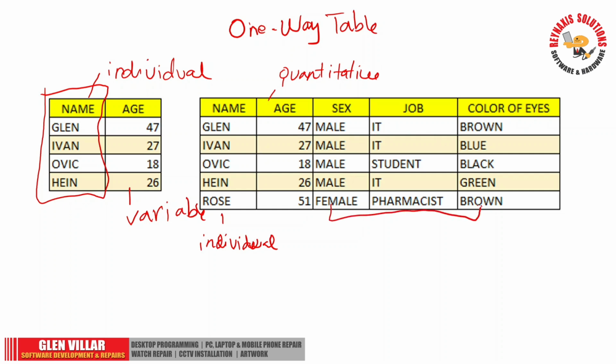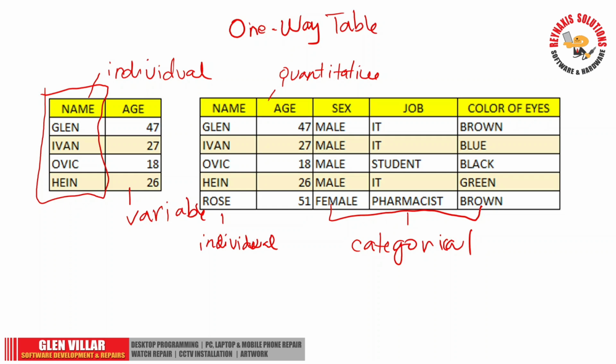Now, the rest of the variables are in string format, and we can refer to these string variables as categorical. A table can have individual, quantitative properties, and categorical variables.